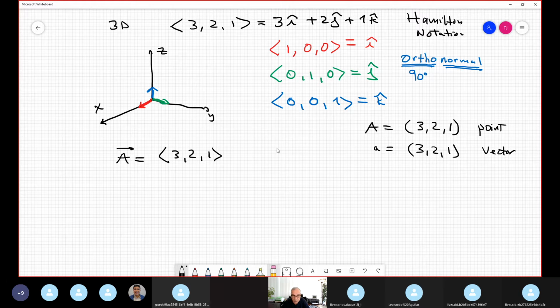But on paper, no. On the whiteboard, we use regular parentheses for the point, and for the vector we use the angle bracket.